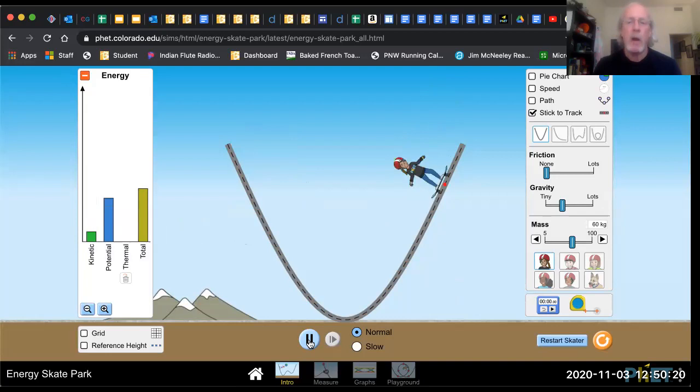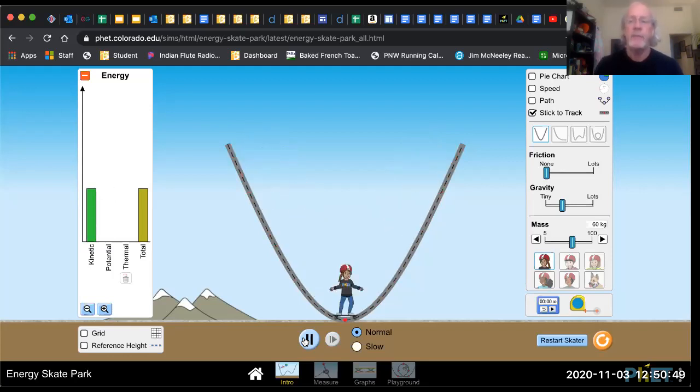When she's way up high, she has lots of potential and very little kinetic because she's not going very fast. As she comes down to the bottom, that energy is transformed into kinetic. When you watch, the total is not changing, and that is all about conservation of energy. So we can transform between kinetic and potential.